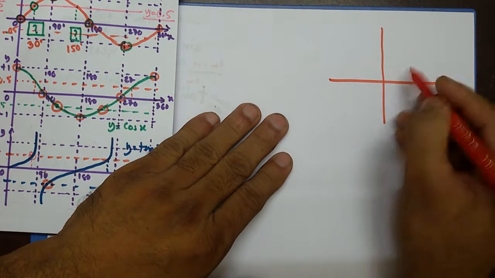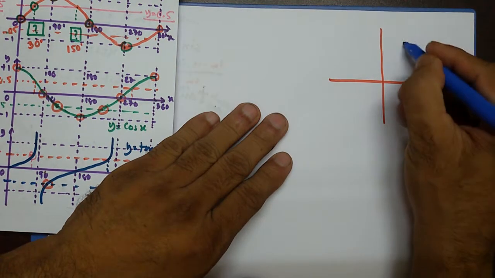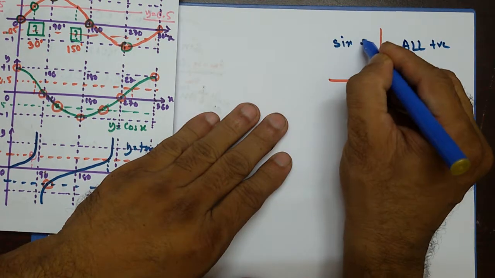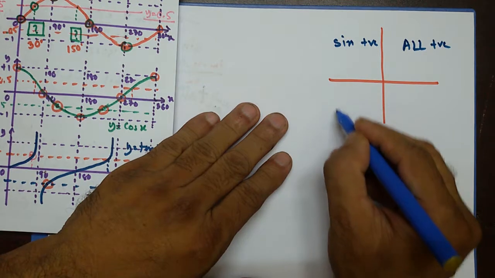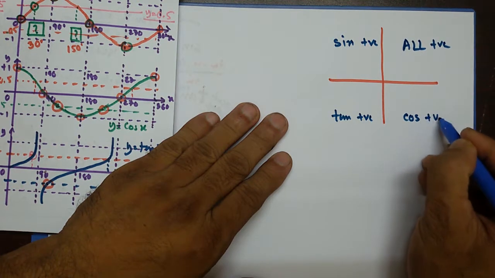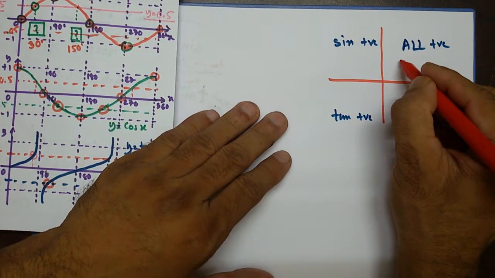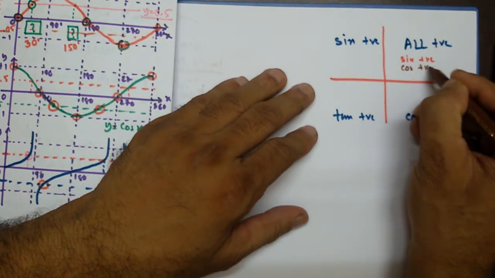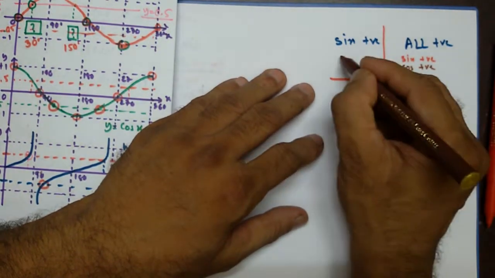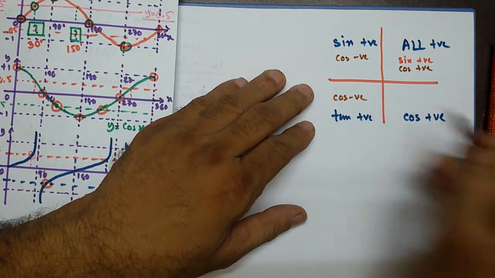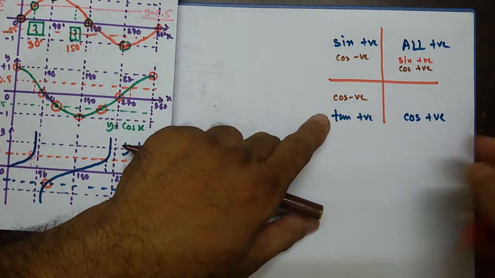It's a quadrant diagram I have drawn like that, and I said here all positive, and here only sin positive, and here only tan positive, and here cos positive. Which means cos is negative in the second quadrant, in the third quadrant cos is negative, and in the fourth quadrant cos is positive.